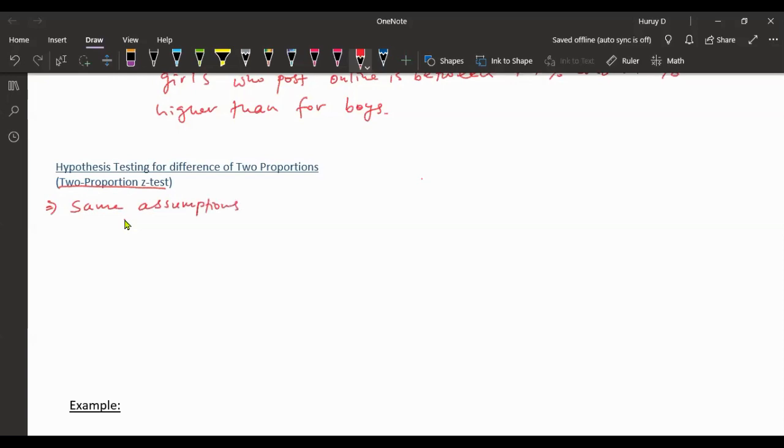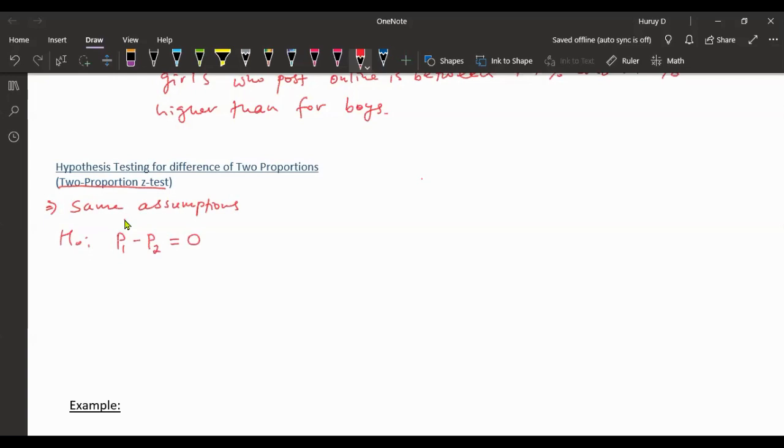When I say the same, it's just the same with the confidence interval that we have seen earlier. So we consider the same assumptions, and the hypothesis test, we write it as P1 minus P2 equals 0.